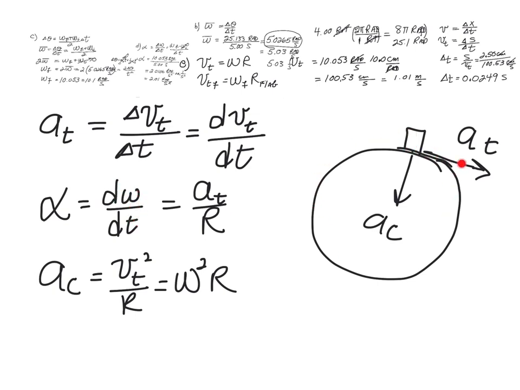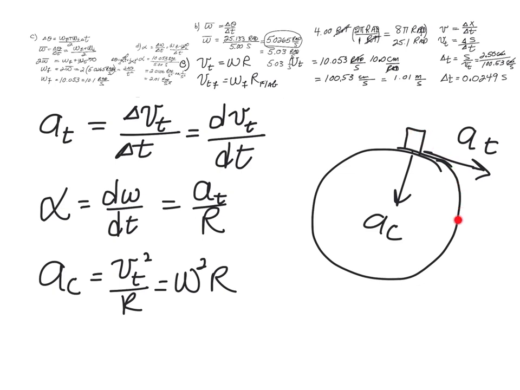But as it goes around, the flag has a tangential velocity, and if it's speeding up, that tangential velocity is increasing, and that would be how we determine the tangential acceleration, the rate at which the tangential velocity is increasing.